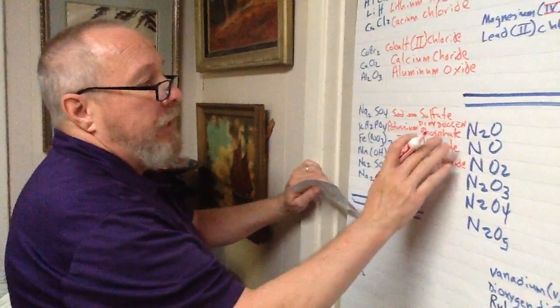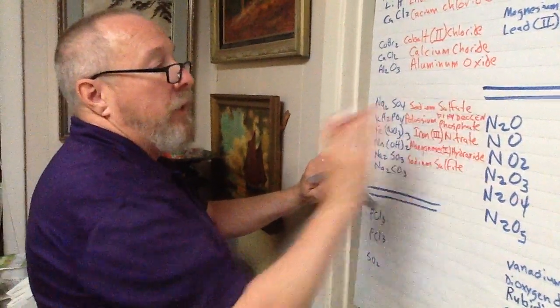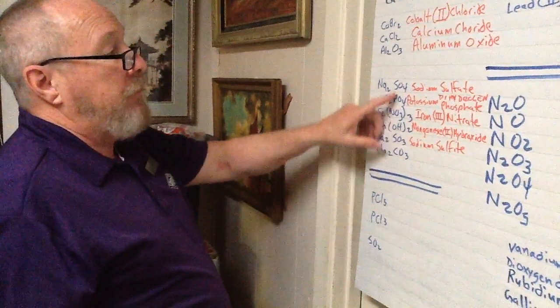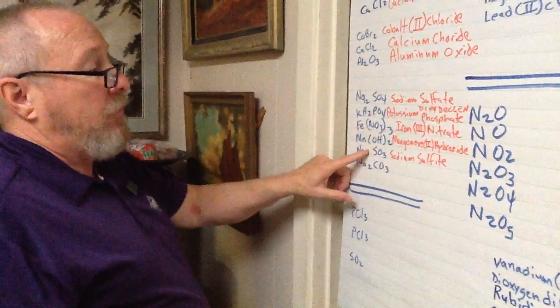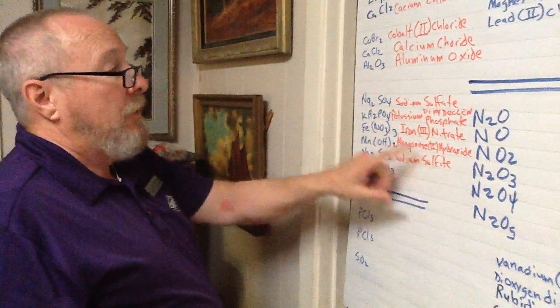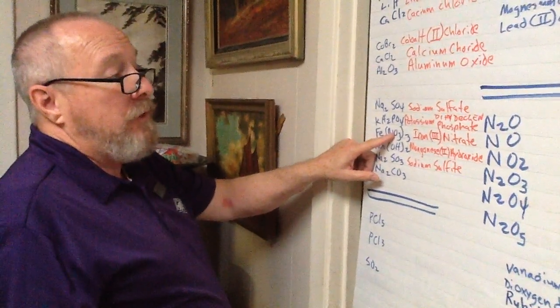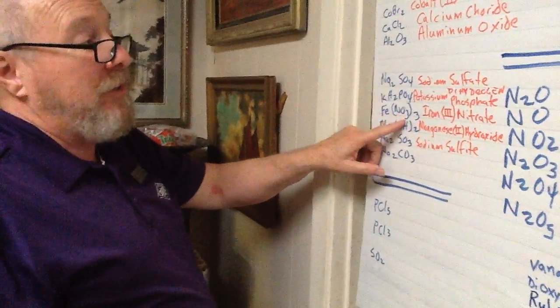So it gets more complicated, but just remember ate and ite. Ite has 1 less oxygen than the ate. But I can't make any rules about it because, for example, SO4 is sulfate, SO3 is sulfite. 4 versus 3 oxygens. For the nitrate, NO3 is nitrate and nitrite is NO2.